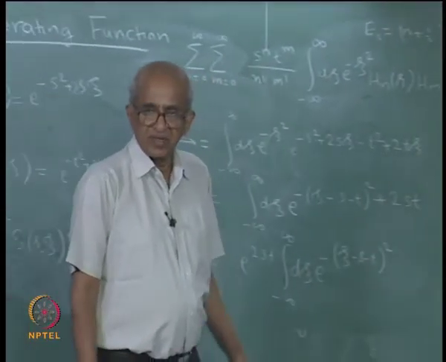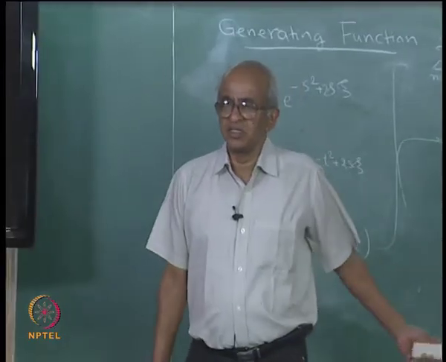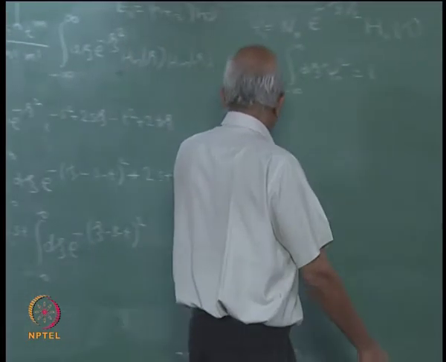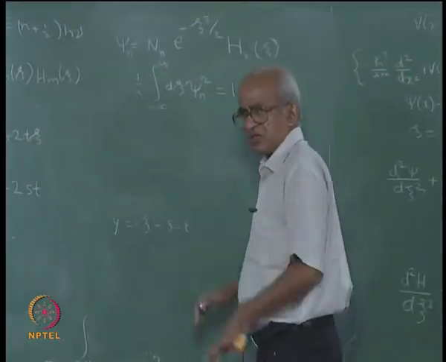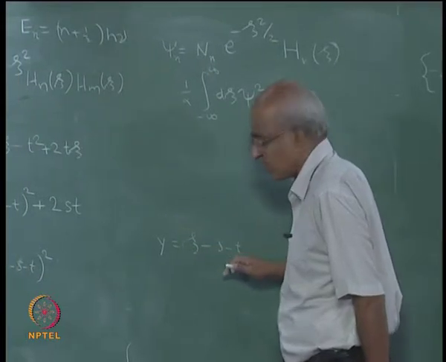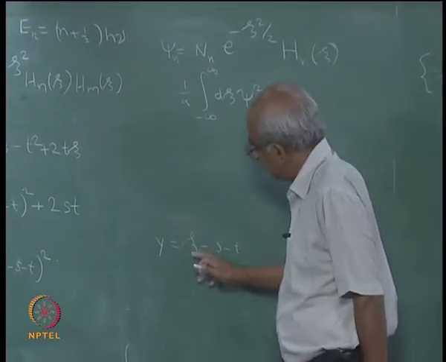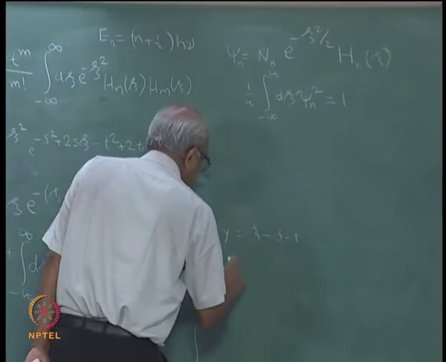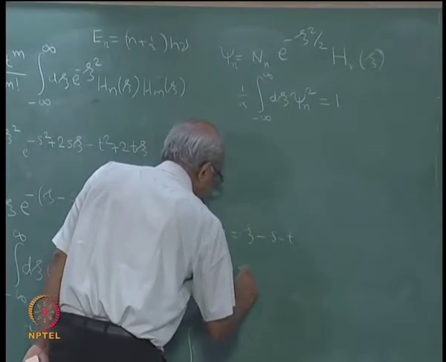C is your variable of integration. I am changing the variable of integration to a new variable which is y. As far as this integral is concerned, s and t are just constants. I am going to integrate over c, so s and t are kept constant, they are not affected. So, if you have y equal to c minus s minus t, then dy obviously will be equal to dx.